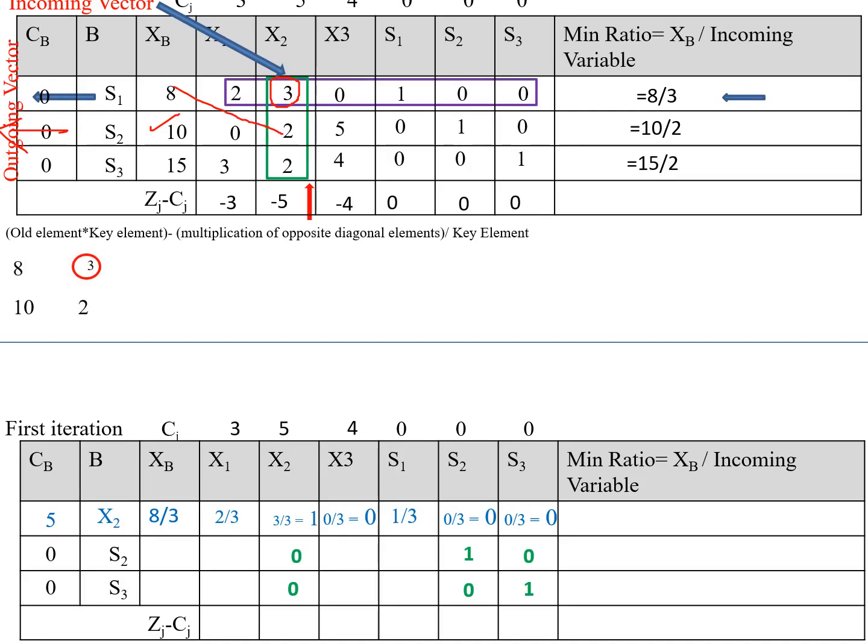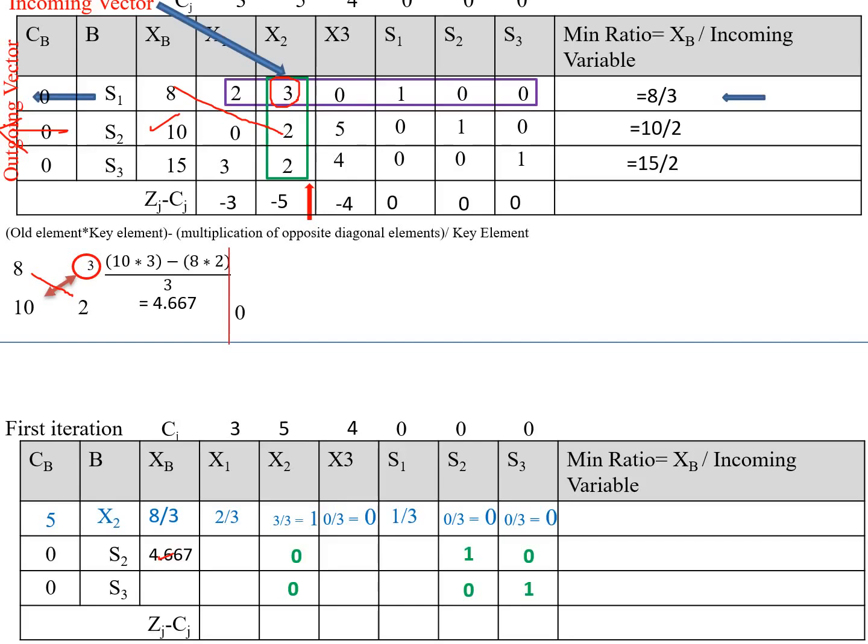So now the rule is old element into key element minus multiplication of the opposite diagonal elements, divided by key element. So 10 into 3 minus the multiplication of opposite diagonal elements, that is 8 into 2, divided by key element 3. Then its value will come 4.667. So here you have to enter 4.667.